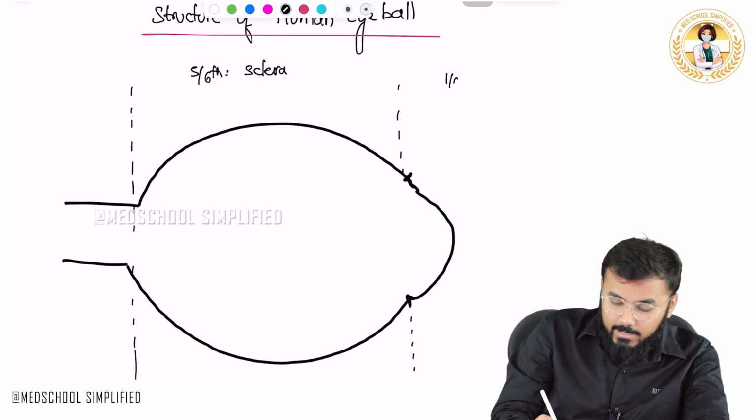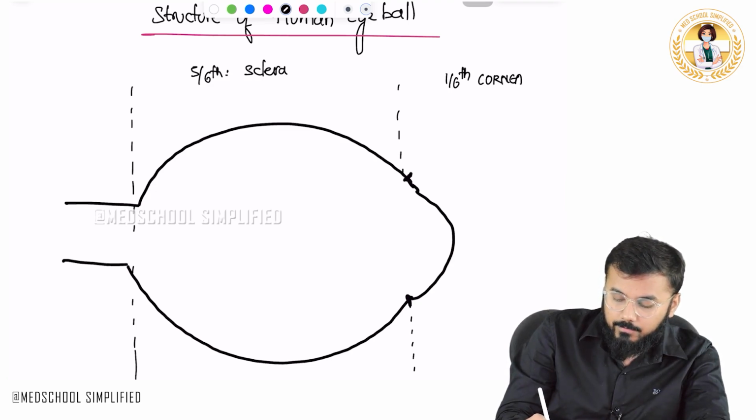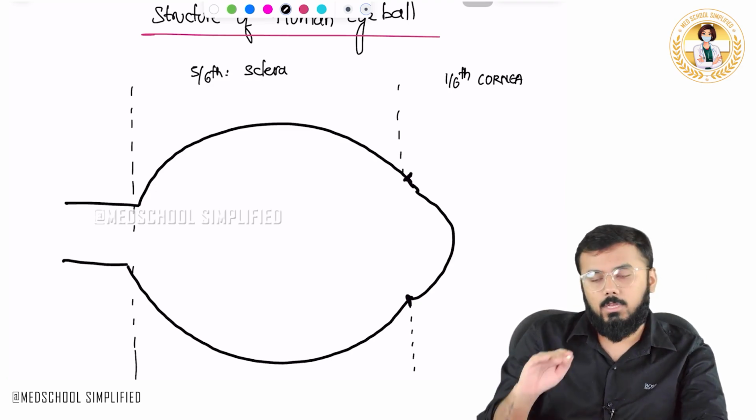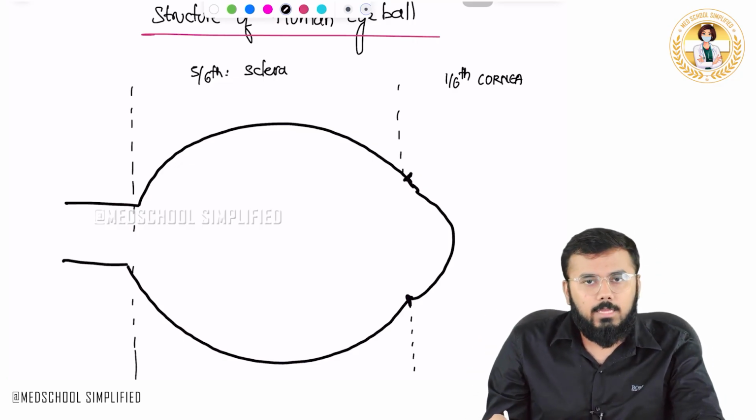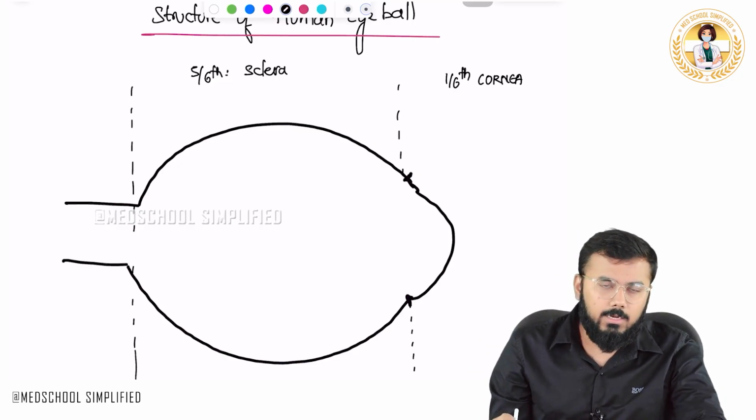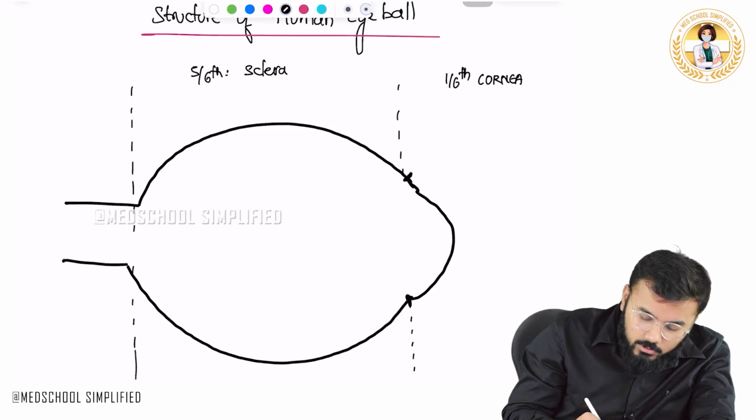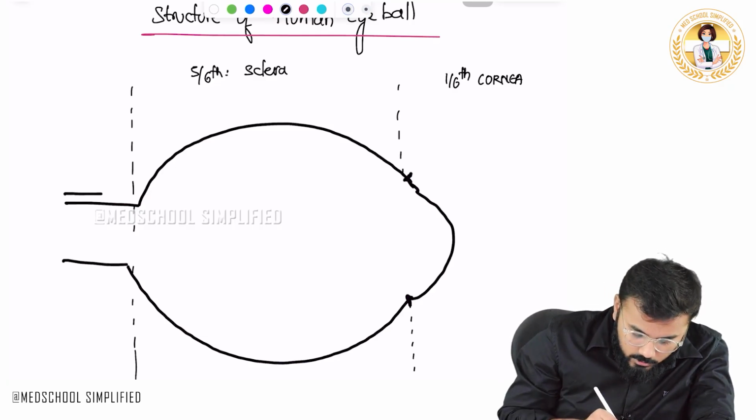Next, the anterior 1/6 part is called as your cornea. This structure which is more convex is called as your cornea, and the remaining part is called as your sclera.